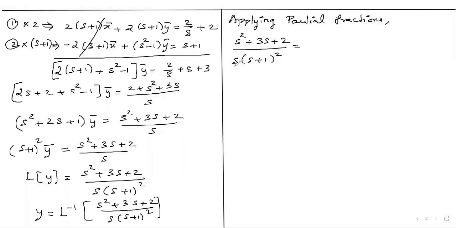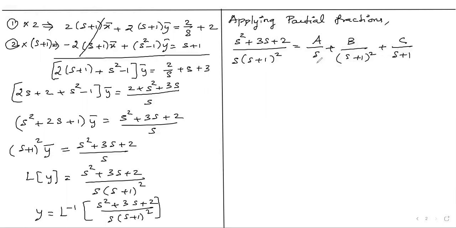Now we can write it as a over s plus b over s plus 1 the whole square plus c over s plus 1. I have given you the steps that this can be written in another way, like a over s plus b over s plus 1 plus c over s plus 1 the whole square.